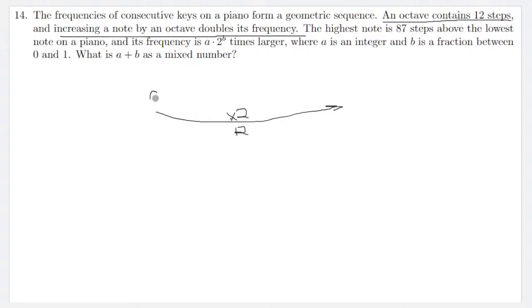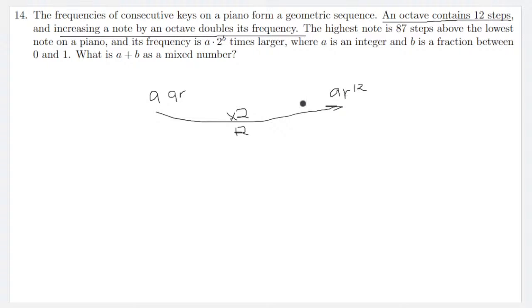So let's say we have an A here as our first note, and then 12 steps up. So if you go 12 steps up, if we say one step is just multiplying it by r, the common ratio r, then going 12 steps up is a r to the power of 12, right? Because you'll have 12 intervals in your geometric series.